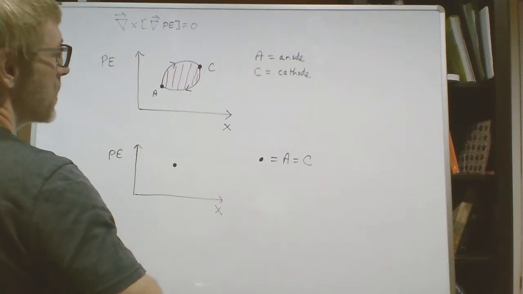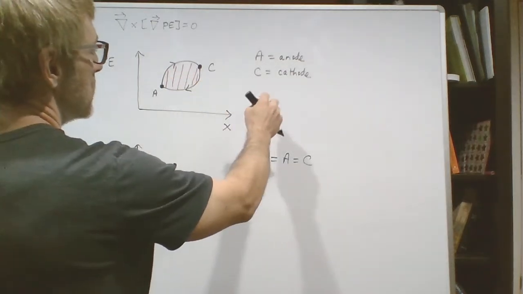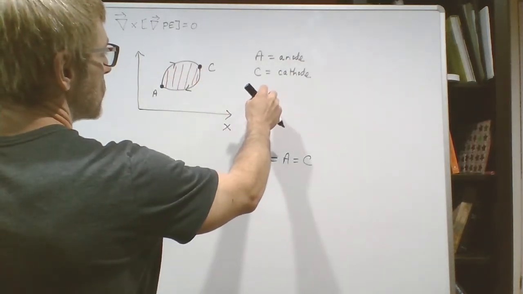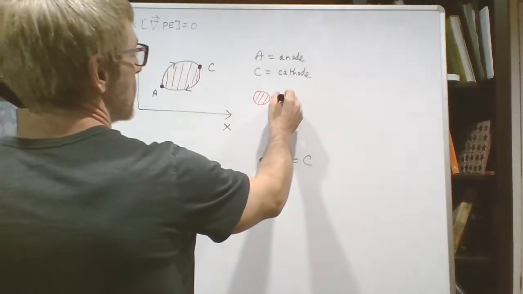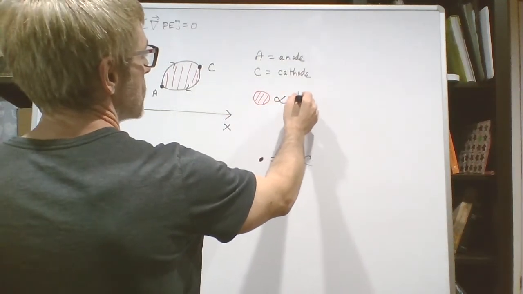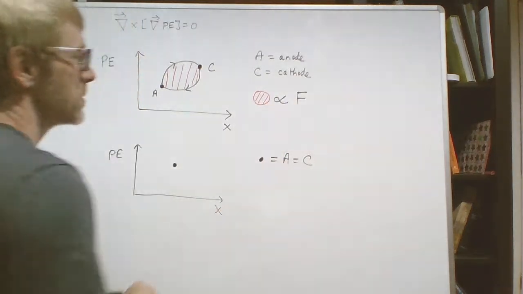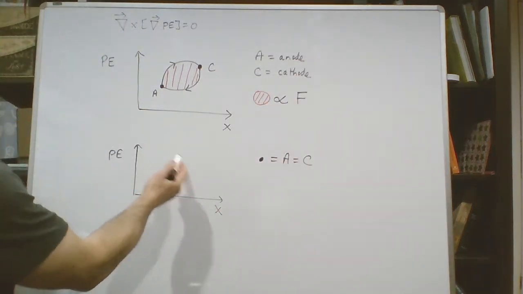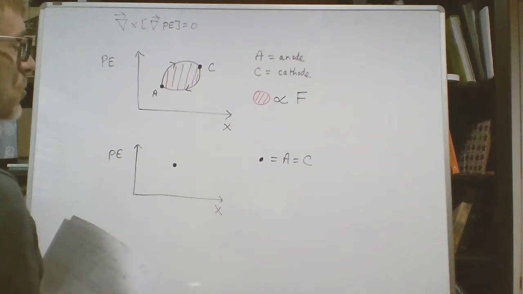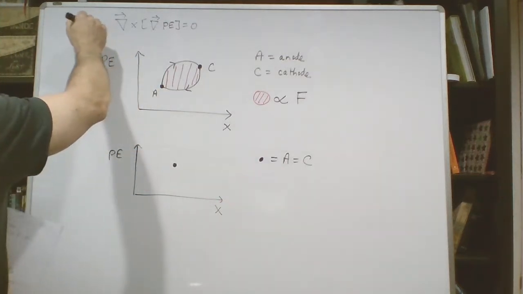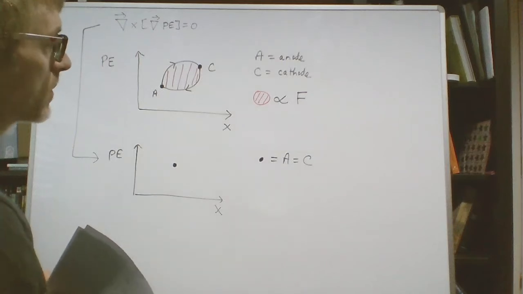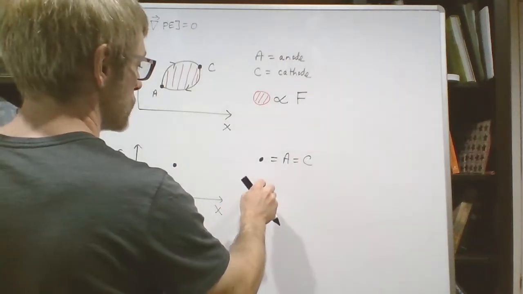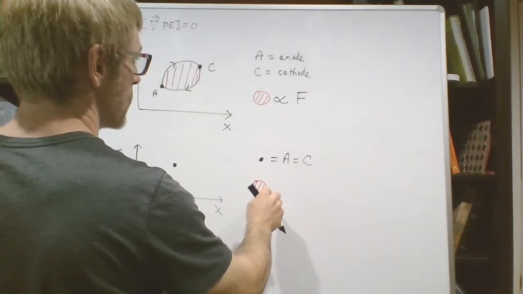And this area inside, so let this area here, this is proportional to the force on the electron. Here there is no area, so there is no force on the electron. So in this case, there is no area.